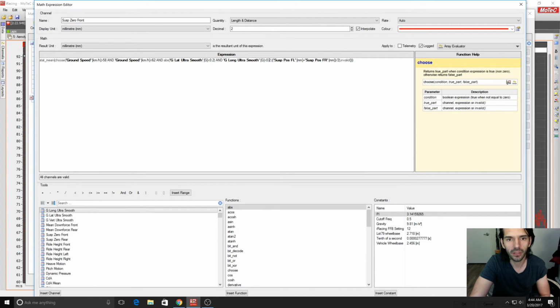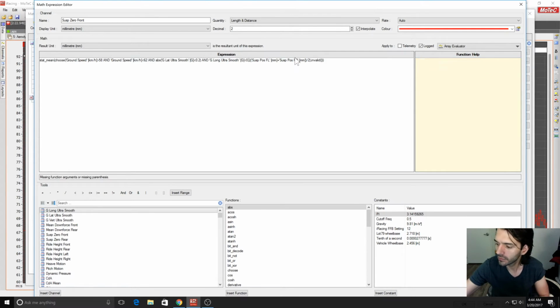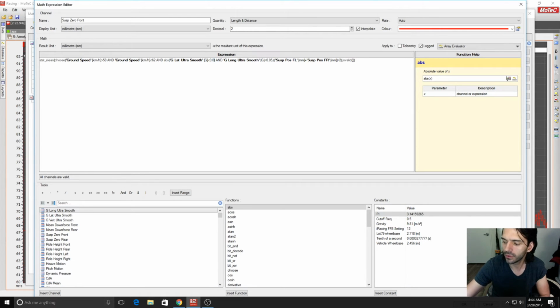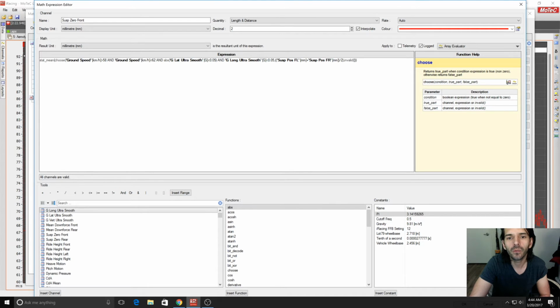This could actually be around 0.05. And then that's going to tell me what, comma, suspension position of the front plus the suspension position of the rear averaged, so that's divided by 2, and then otherwise return invalid.